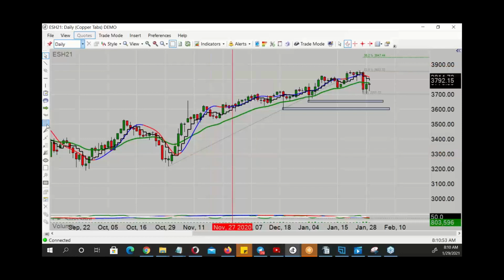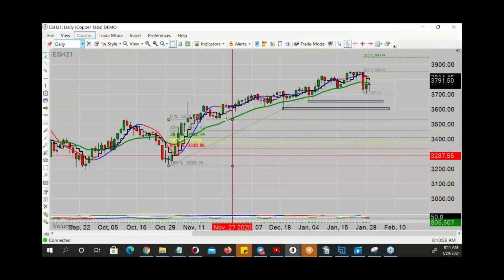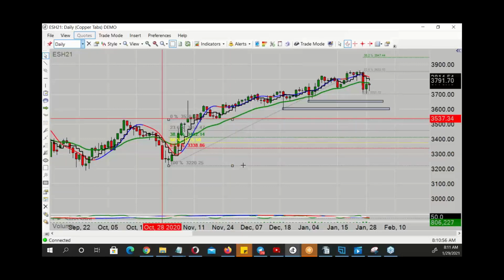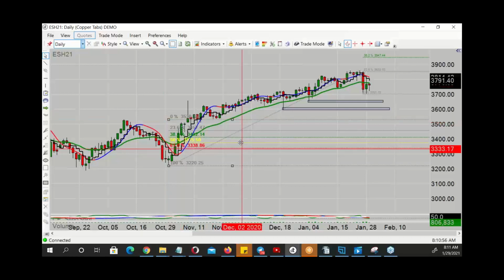All right, so the fib tool, you grab it here. Go to the most recent swing low. We're measuring just this last leg up. Let's do that again. Grab the fib tool.